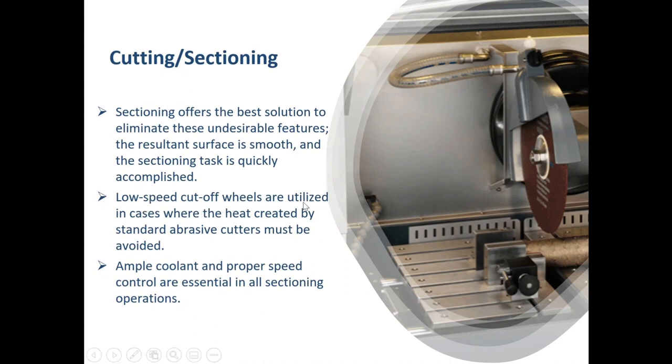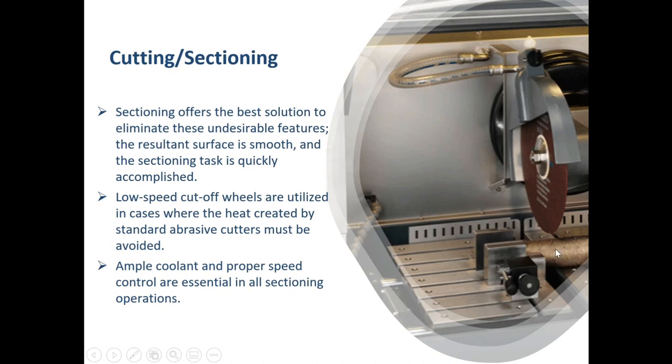Low speed cutoff wheels are utilized in cases where the heat created by the standard abrasive cutters must be avoided. This is the important task, as if you are using a cutting wheel for cutting the material, as shown in the figure, if the cutting speed is increased, the heat produced between the workpiece and the cutter will be more, which may lead to heat treatment of that material, and once it is heat treated, the composition may change.